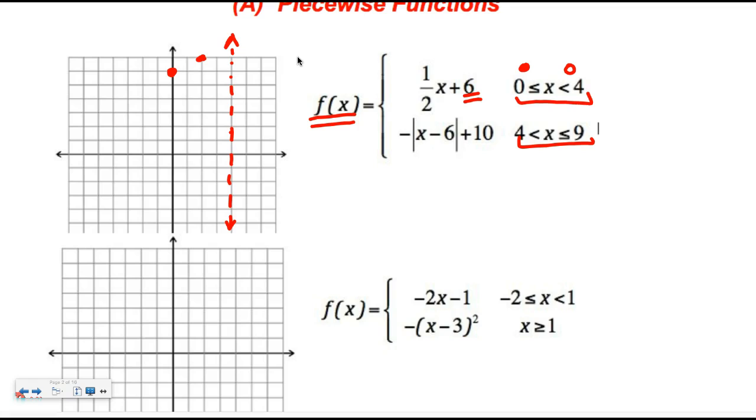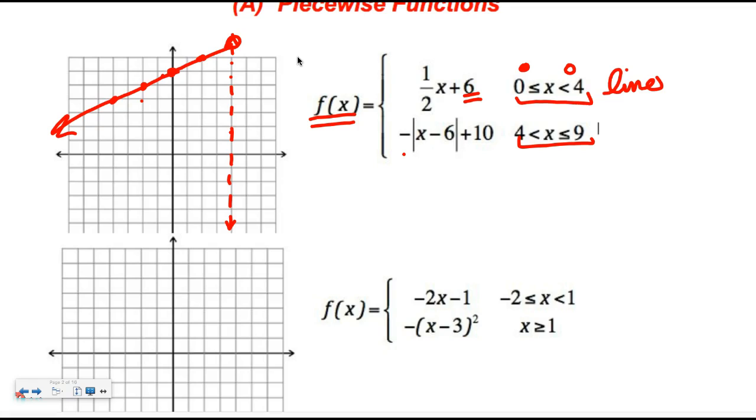Up 1 over 2. So that's going to put me over here with an open dot. And even I could go down 1, back 2, you know, if you like to slope it out a ways to get a really nice graph. But in this piece, this is a line, slope of a half, y-intercept of 6, or you could just plot points and connect them, whatever you like to do, to be honest. However you prefer to graph your line, as long as it's correct.